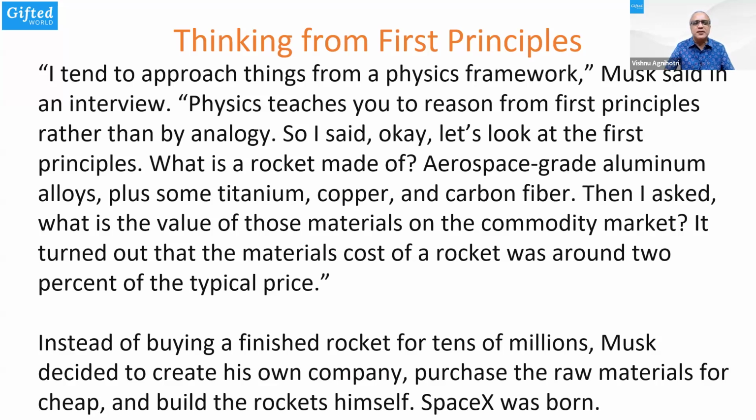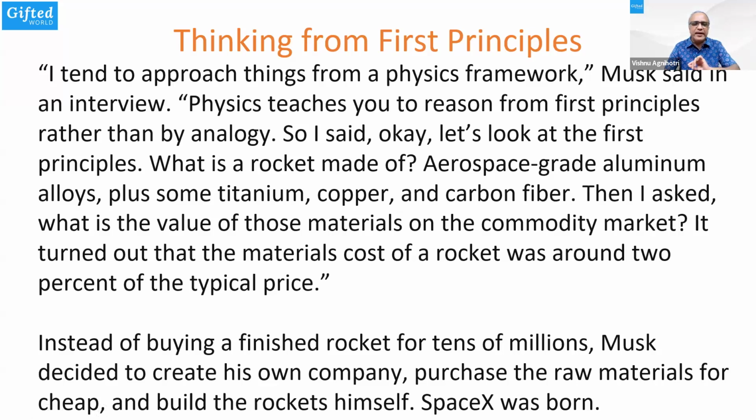So what he says is, I tend to approach things from a physics framework. Physics teaches you to reason from first principles rather than by analogy. I won't get into the technicalities of analogy versus physics, but basically he was asking a lot of why questions. What is this? Why is this? So what is a rocket made of? Okay, aerospace grade aluminium alloys, titanium, copper, carbon fiber. Then he went to the commodity market. What is the value of these materials?